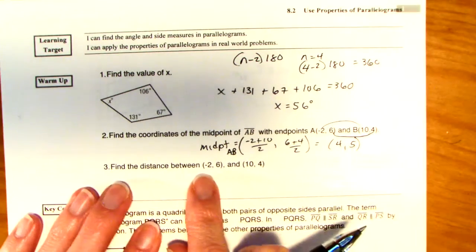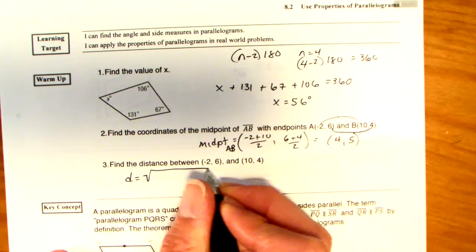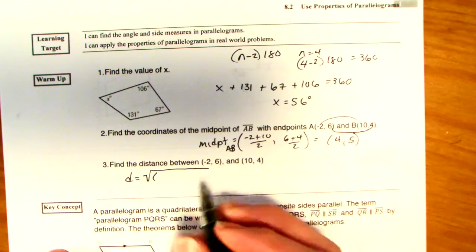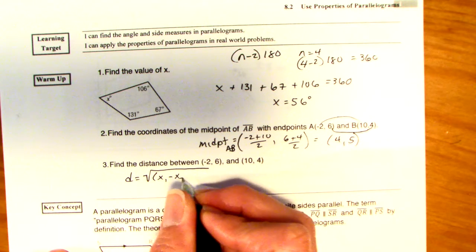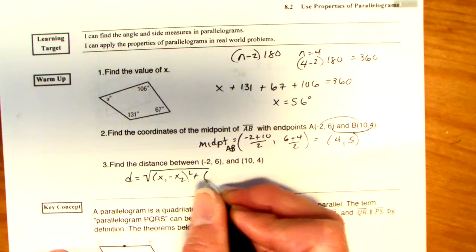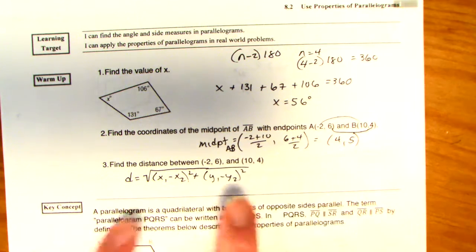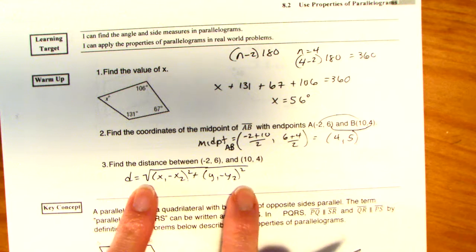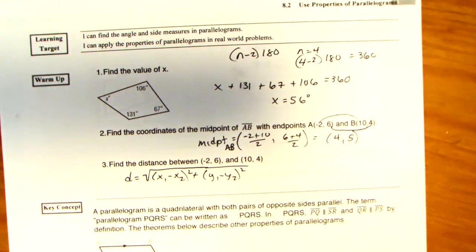Okay, find the distance. Remember the distance formula? Distance is equal to the square root of, this comes up so much in the real world actually, the change of x squared plus the change of y squared. Of course, these can change because it'll only become a sign difference, and the sign will always become positive because you're squaring it.